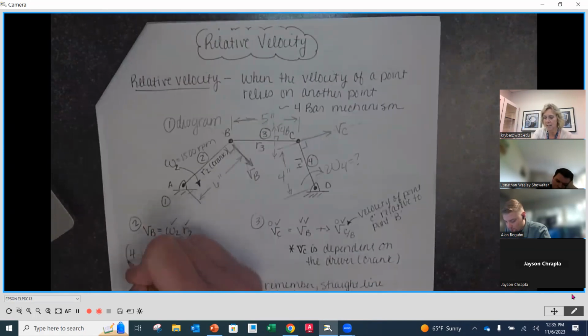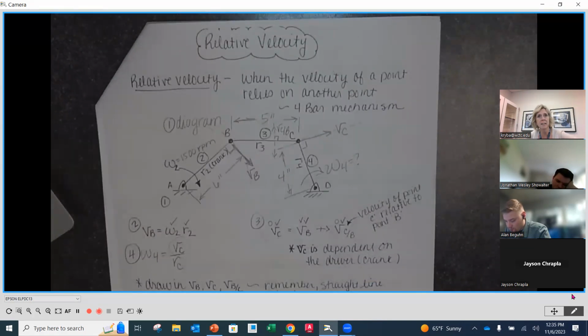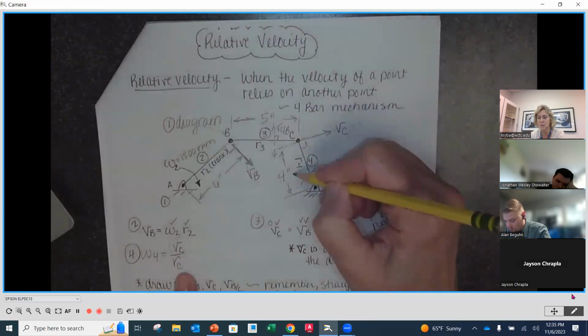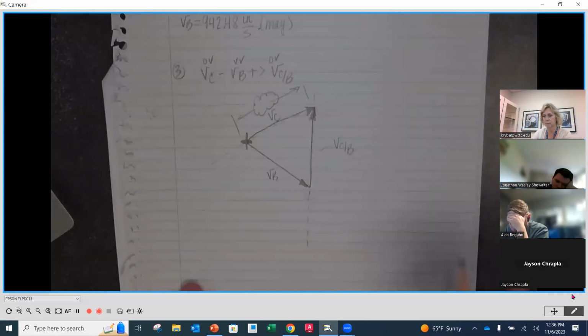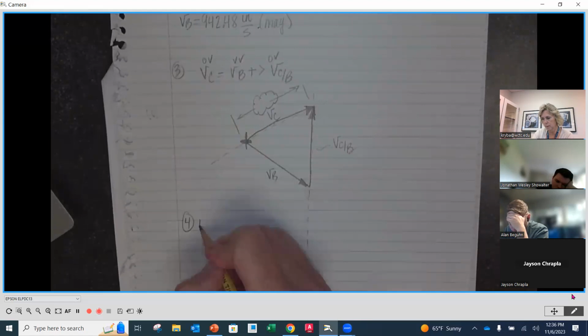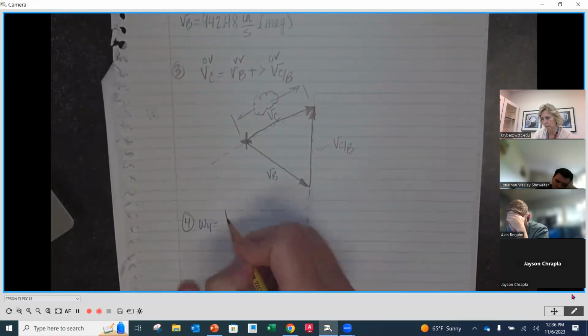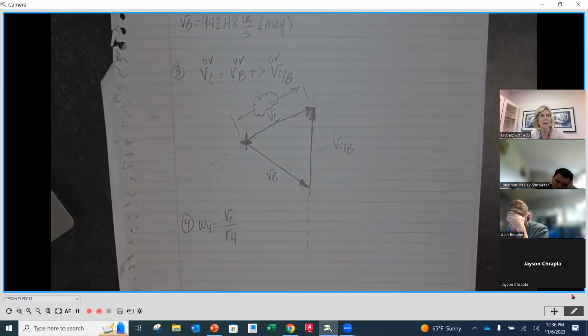So my step number 4 now is, now that I can measure the magnitude of the velocity of C, and I know that its radius is 4, I can calculate the angular velocity of that entire link. You see that? So my step number 4 is going to be W4 equals velocity of C divided by the radius, or the length, of link number 4.